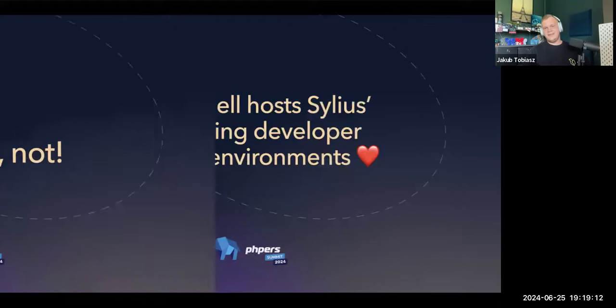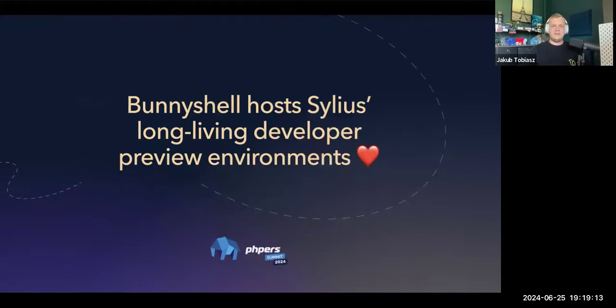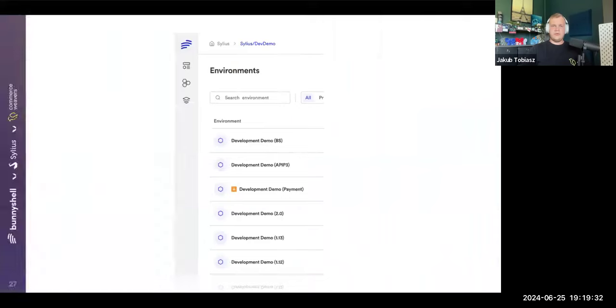Is Sylius using Bunnyshell only for preview environments? No. Bunnyshell hosts Sylius long-living developer preview environments. These great guys told us we can host our dev demo environments for checking if everything is working on the latest main branches, like 1.13 or 2.0. So we are using it to make an additional QA step at the end of, let's say, the sprint.